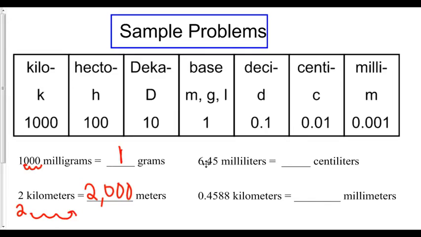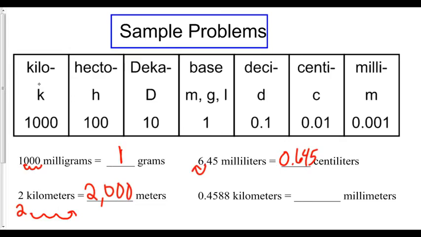All right, if I have 6.45 milliliters, and I want to figure out how many centiliters that is. Well, here's milliliters here. To go from milli to centi, I just have to move to the left 1 time. So I need to move this decimal point to the left 1 time, 0.645. Then I have 0.4588 kilometers. I want to know how many millimeters that is.